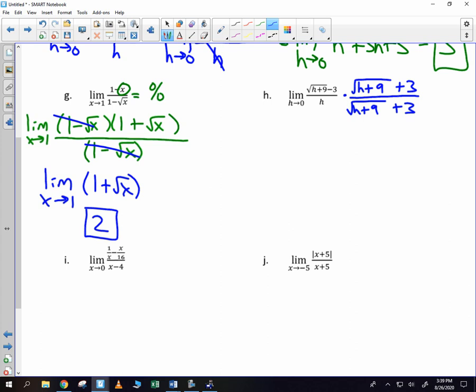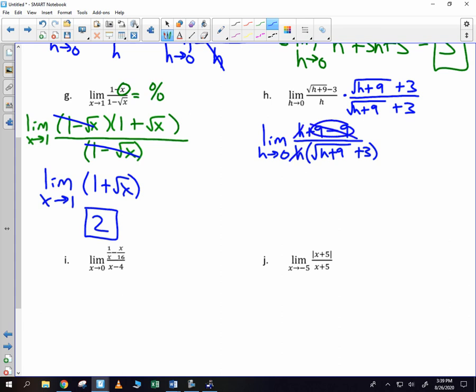Multiplying by the conjugate is a very useful piece in this situation. Multiply the top, we get h plus 9. The middles will cancel, get a minus 9 over h times the quantity. Now be careful in the denominator. You have that h times the square root of h plus 9 plus 3. 9 minus 9 goes away.